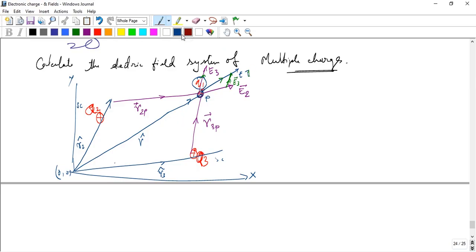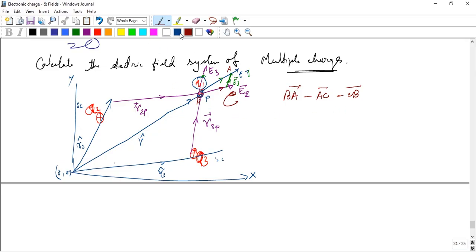Now apply the vector triangle law with triangle ABC, clockwise taken as positive and anticlockwise as negative. BA is clockwise, AC is anticlockwise, and CB is also anticlockwise.